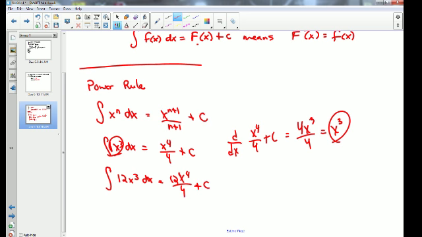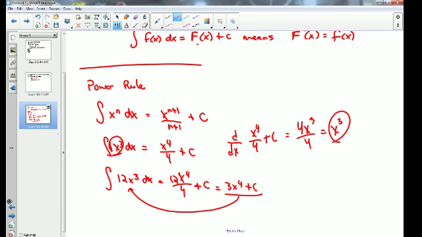Don't forget, which is the same as 3x to the 4th, right? Yeah. So you'll just simplify it. It's a constant. You treat it the same as you do in derivatives. Now, if you calculate the derivative of that, what do you get? 12x cubed. Right there. Okay.